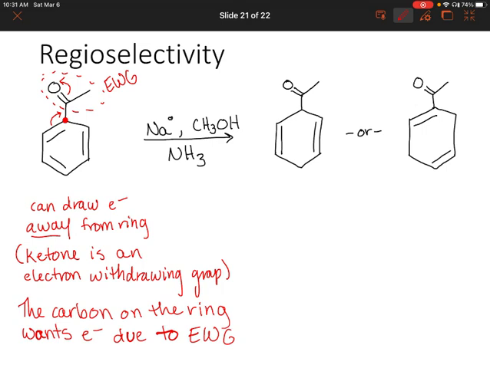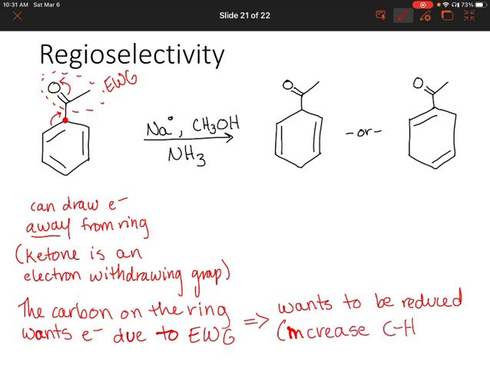So if the carbon on the ring now really wants electrons, that means it wants to be reduced. So it probably wants to increase its CH bonds, so it wants to gain a hydrogen, or decrease its oxidation number.